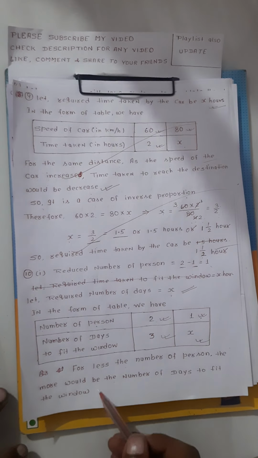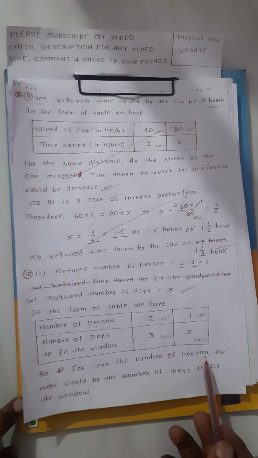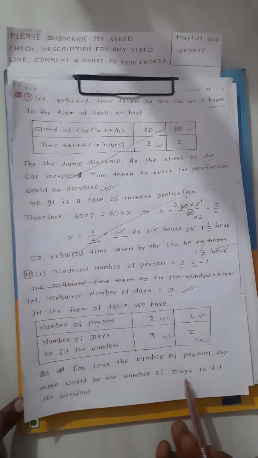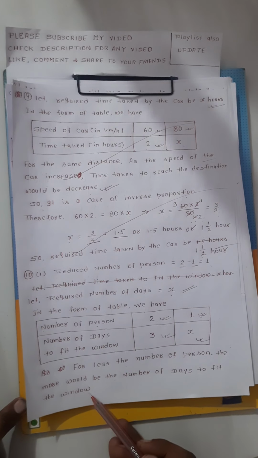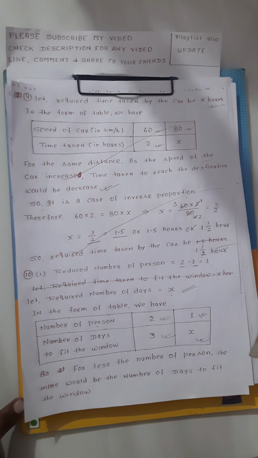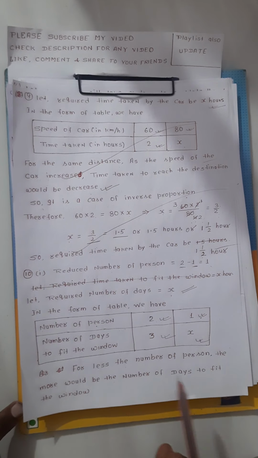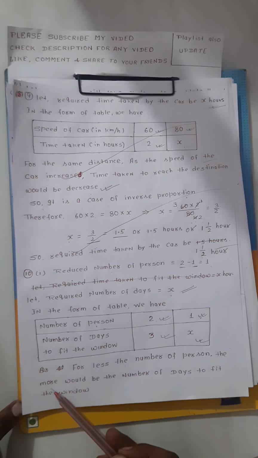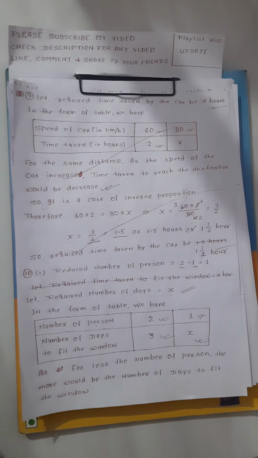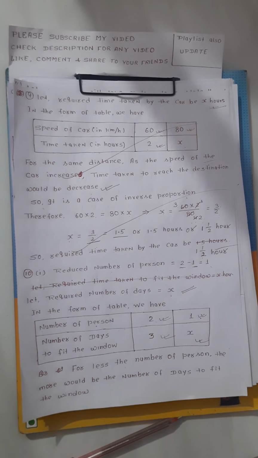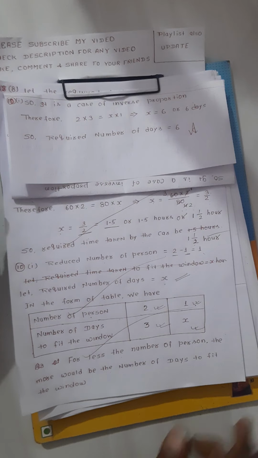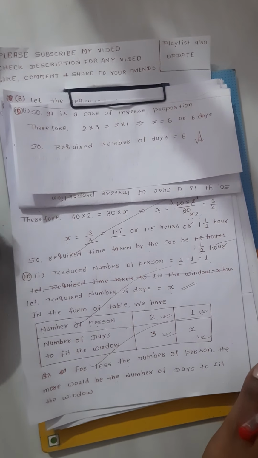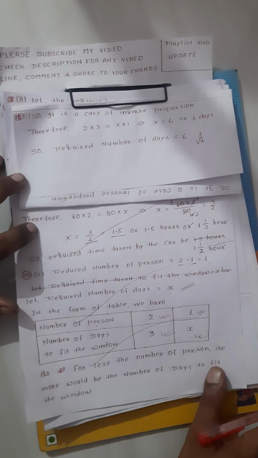That means for fewer persons, the more would be the number of days to fit the window. So when this reduces, this increases, so it is the case of inverse proportion.